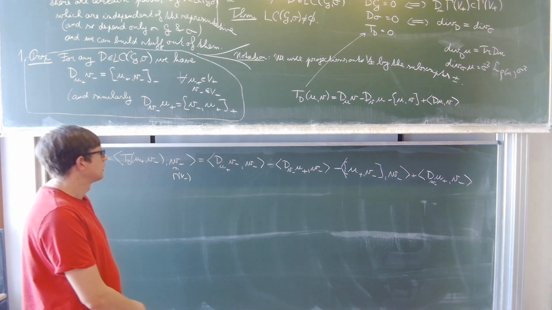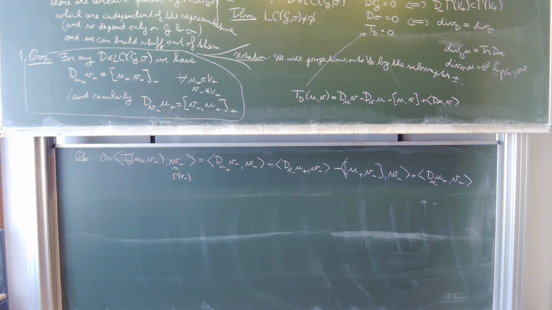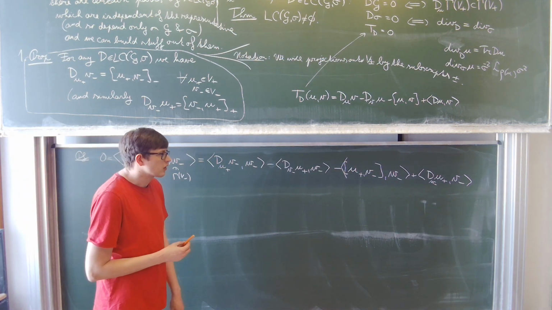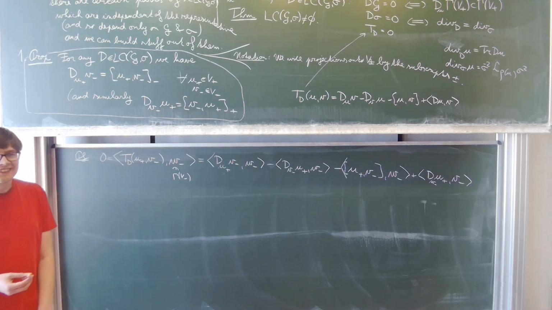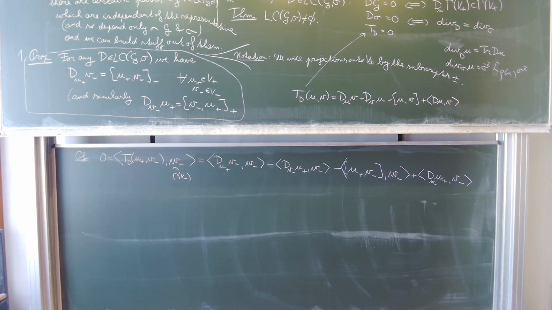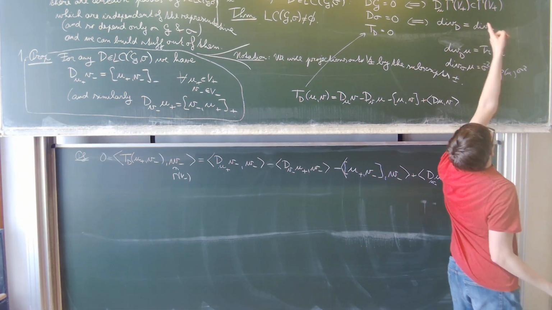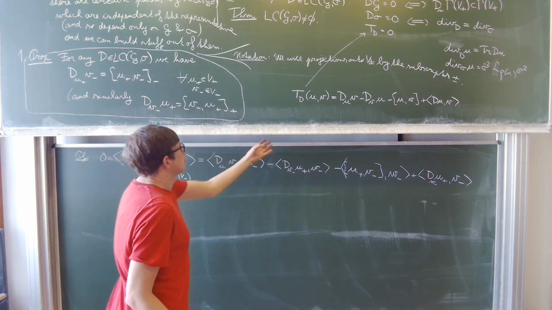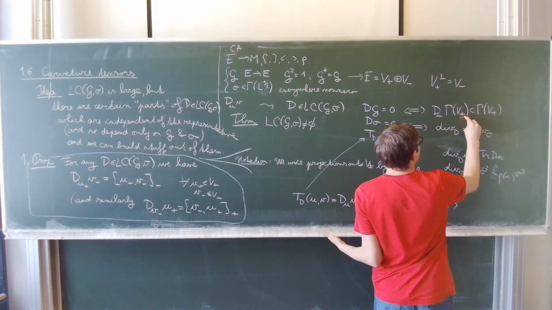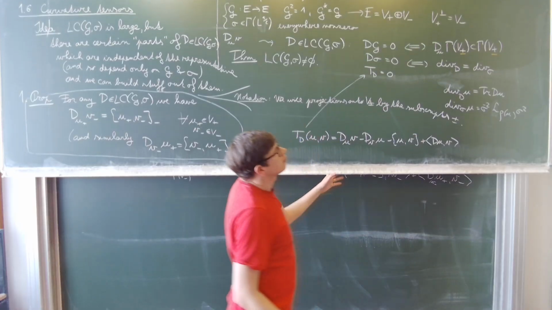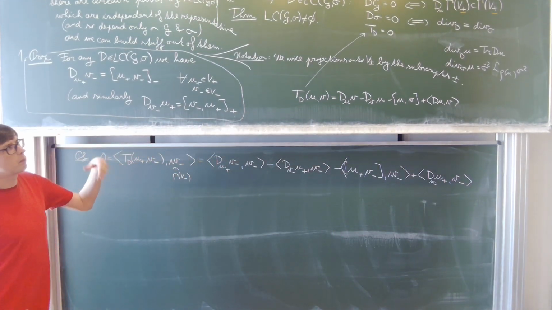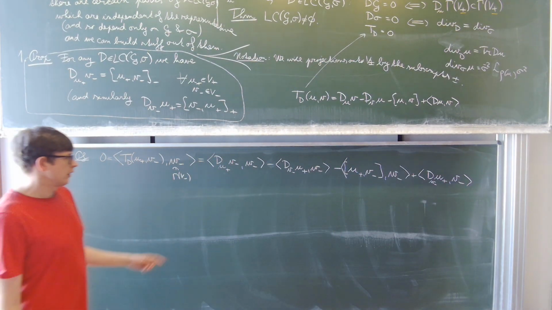So that should be correct. Now the observation is that two of these terms vanish and two of them will give me what I need. So does anyone see any terms which are vanishing? Using this property, which is equivariance, both of them vanish.